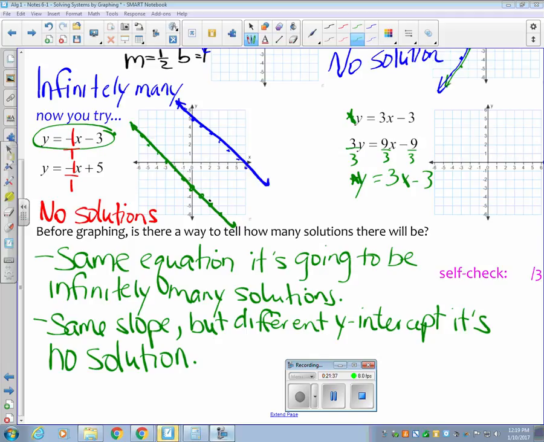So without even graphing it, you can tell if it's going to be no solution, infinitely many solutions, or a point.